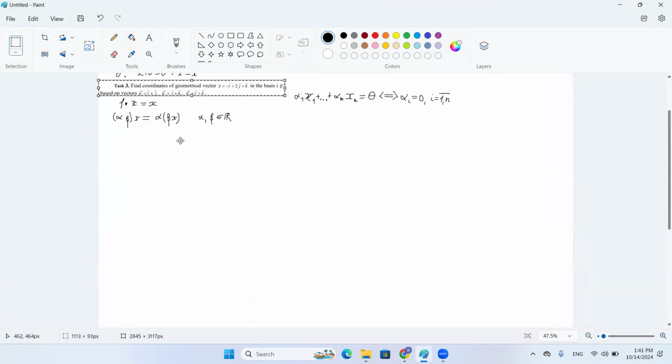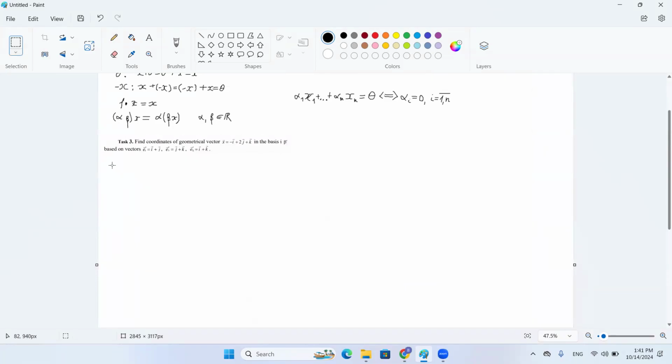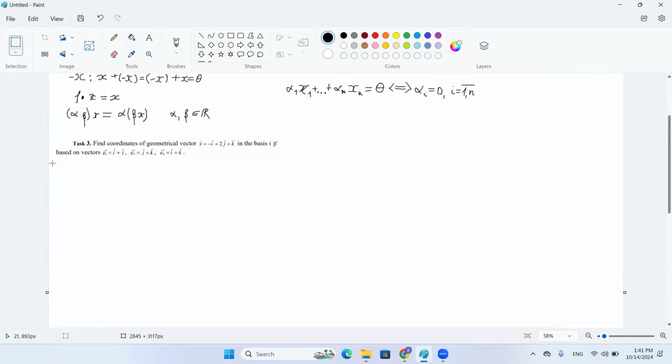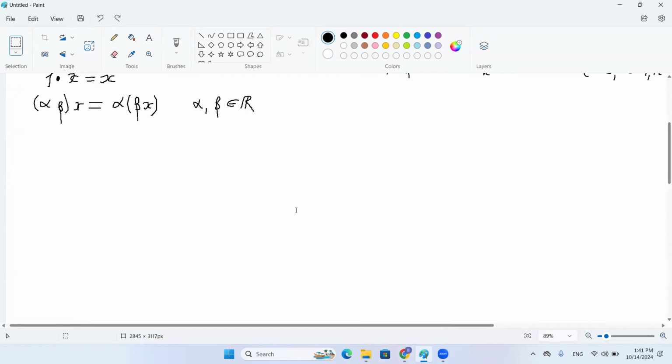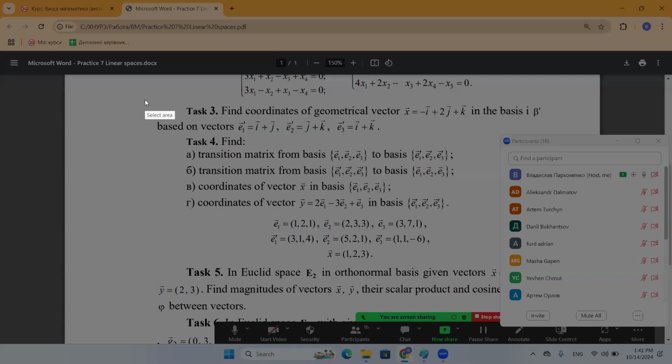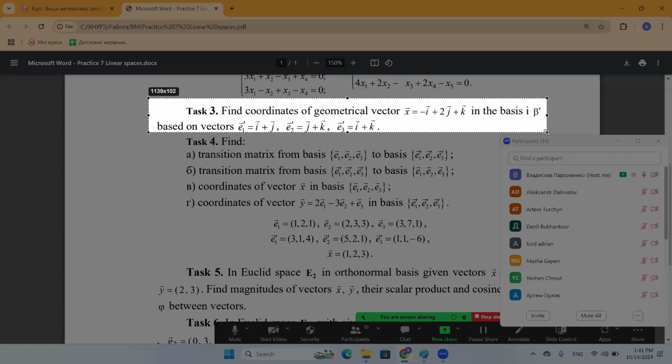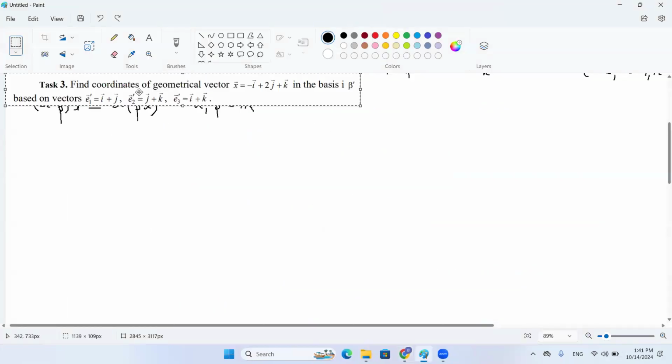And who remembers how to find the coordinates of this vector? Any ideas how to solve?